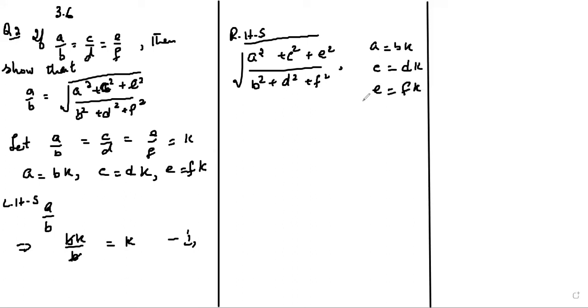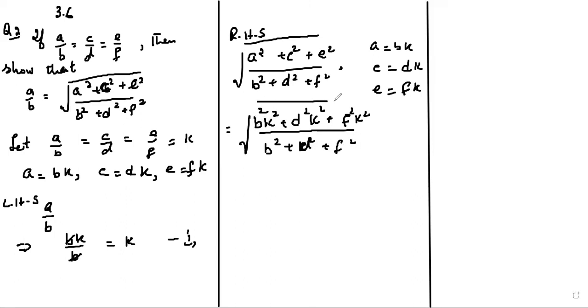Just substituting the values here, we have B square K square plus D square K square plus F square K square, divided by B square plus D square plus F square.